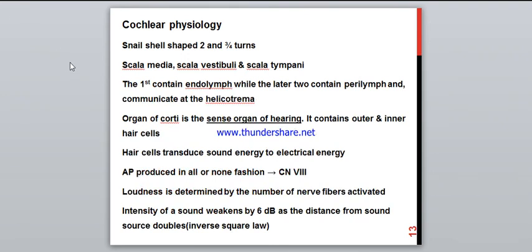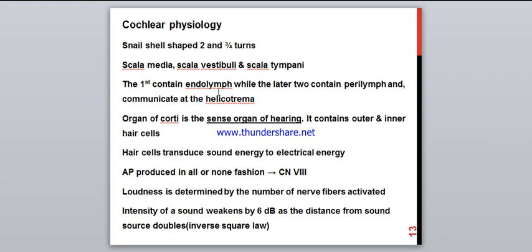The other main function of the ear is cochlear physiology, that is hearing physiology. The cochlea is snail shell shaped due to its three turns. It has scala media, scala vestibuli, and scala tympani. The scala media contains endolymph.